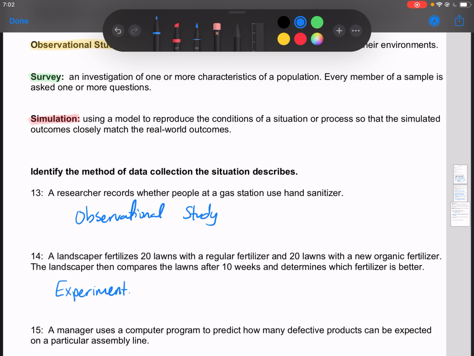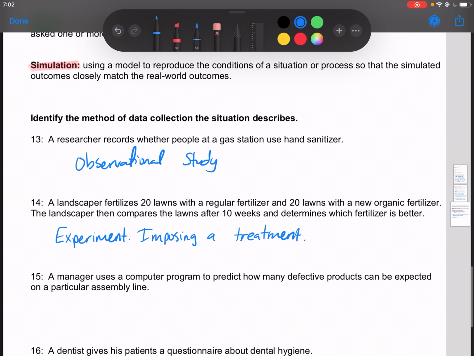And that's because you are imposing some treatment. So the landscaper, the treatment that's being imposed is the 2 different fertilizers. So some lawns have the regular, some have the new organic fertilizer, and then the landscaper is going to compare and see what happens after 10 weeks.